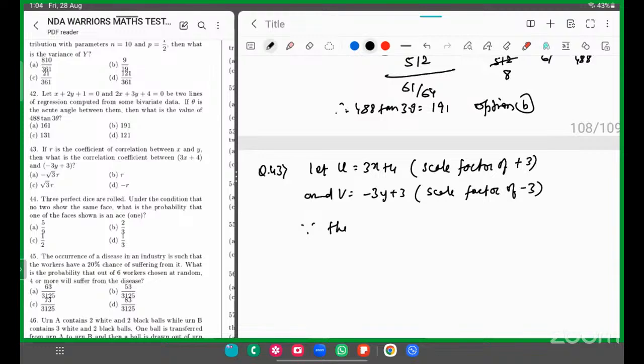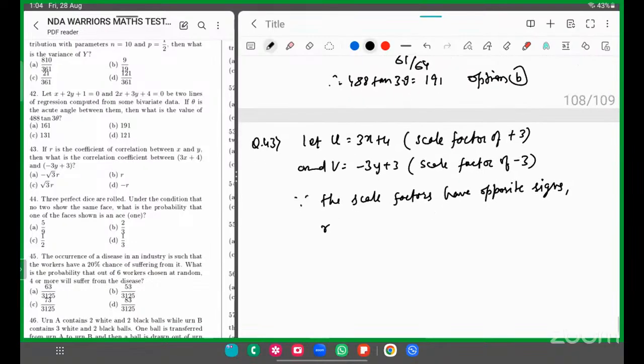Since the scale factors have opposite signs, therefore the correlation coefficient of UV will be equal to minus of r of xy.